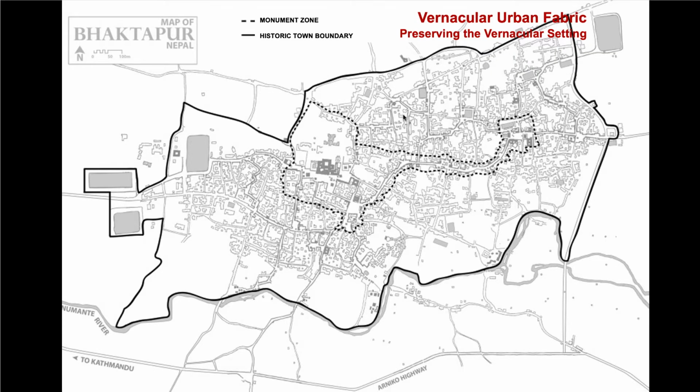As I mentioned in unit 2, one of the important preservation activities is to identify a particular boundary for the area we are going to preserve, and usually it's called the monument zone. Now, I mentioned that in Bhaktapur, UNESCO originally recognized a particular area, where there were three public squares and a street connecting those three squares, as the monument zone.